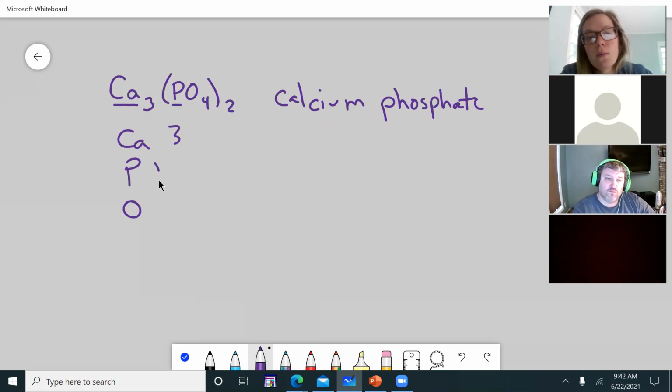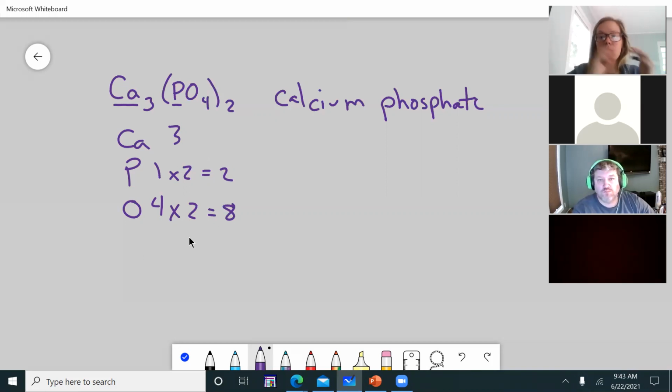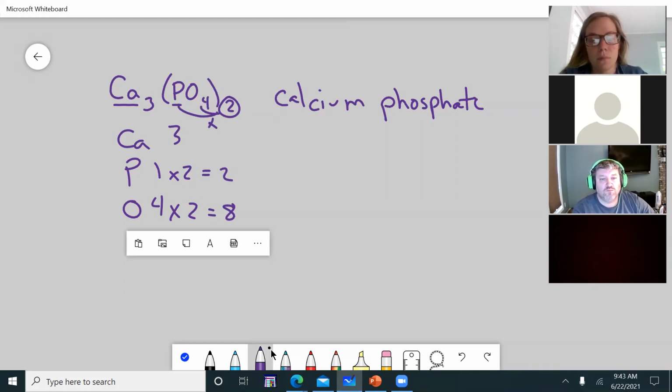So we need to take the 2 times the 1. So 1 within times 2 for an overall 2. Oxygen, there's 4 within, and we have 2 of the packets for a total of 8. So that's how you're going to be reading things with parentheses and stuff like that. Always multiply the outer guy by the inner guy.